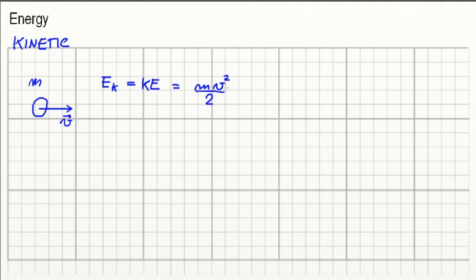Notice that here I'm taking the speed, not the velocity. This is just the magnitude, so it's the square of the magnitude of this vector multiplied by the mass and divided by 2. Any object that moves will have kinetic energy.